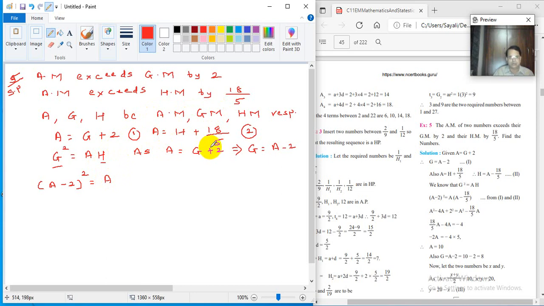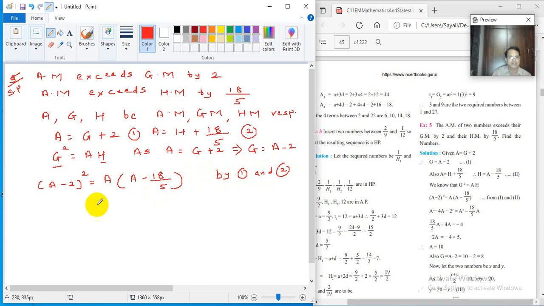So what is h then? a minus 18/5. So this h I can replace by a minus 18/5. How can I write this? By 1 and 2. Look, in 1, a is g plus 2, so g is a minus 2, therefore this g square is a minus 2 whole square, and here we have a into h. So what is h? a minus 18/5, so you got this. So I can say this by 1 and 2, I can write this relation.